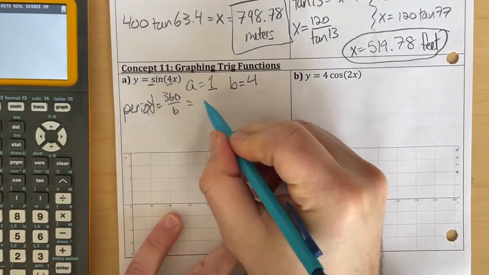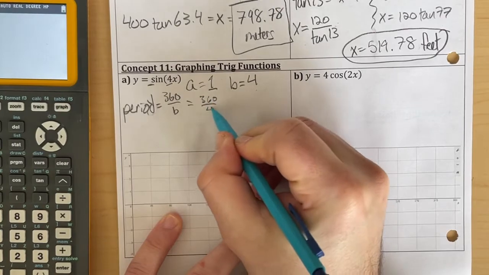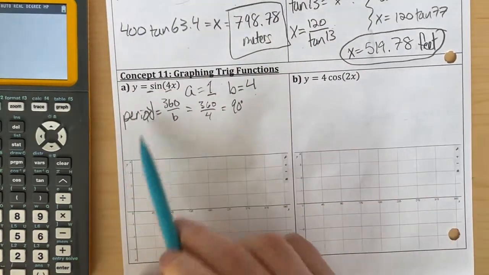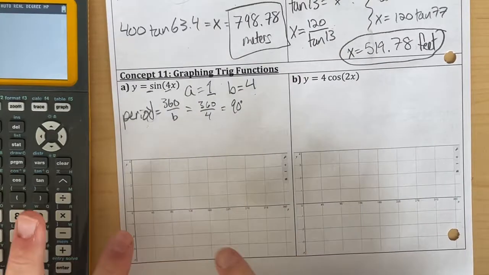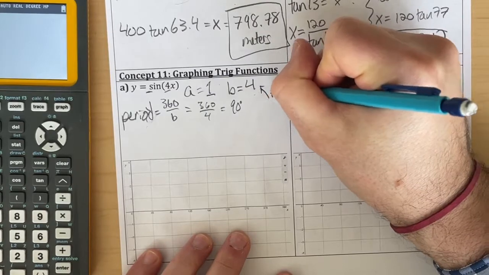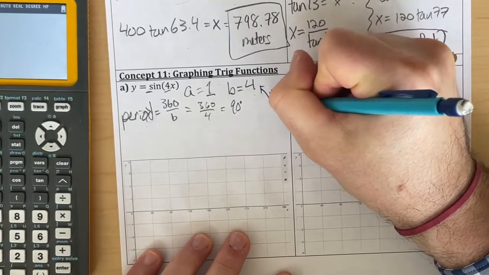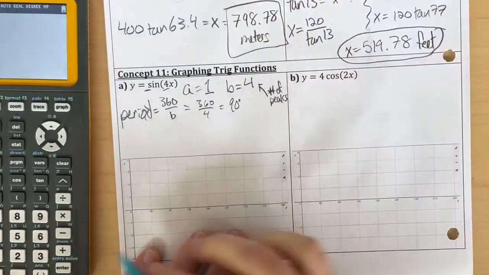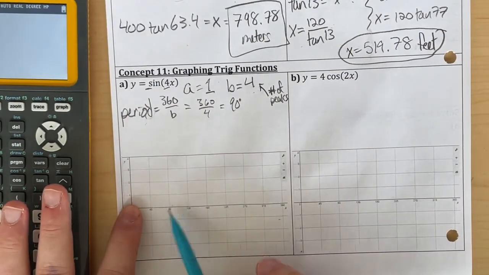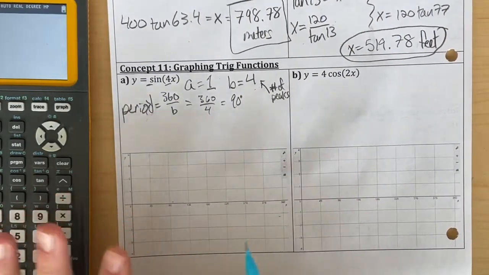So we have 360 divided by 4, which is 90 degrees. So that means I'm going to have a period, so it's going to repeat itself 4 times. So again, this is the number of peaks from 0 to 360. And so that means from 0 to 90, I'm going to have those 5 points.